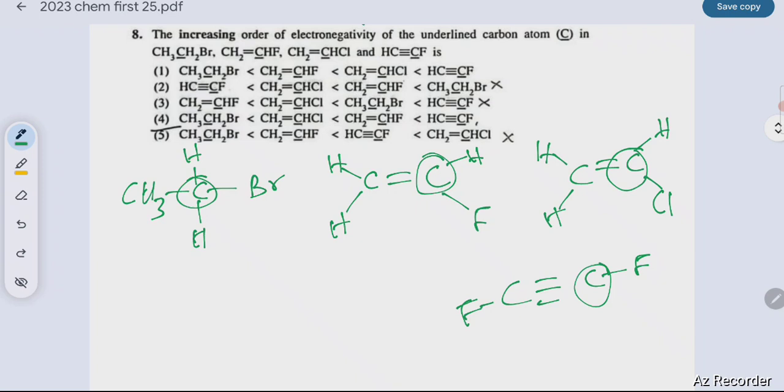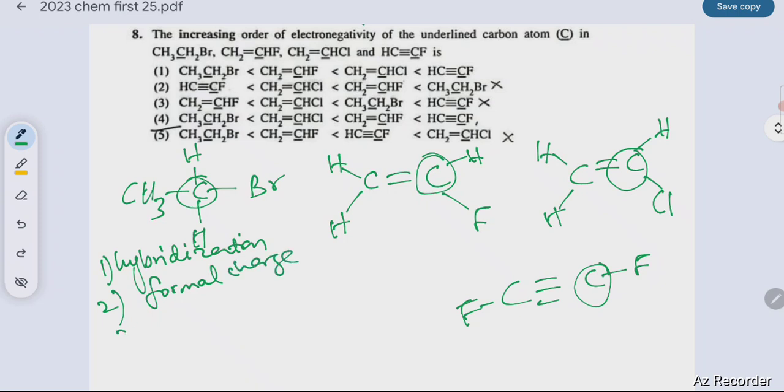Now, what are the factors that affect the electronegativity? First, we have to consider the hybridization. Second, we have to consider the formal charge.